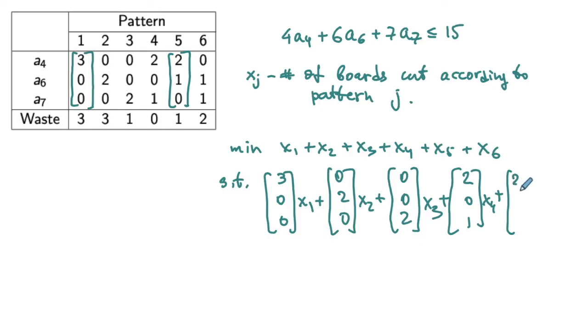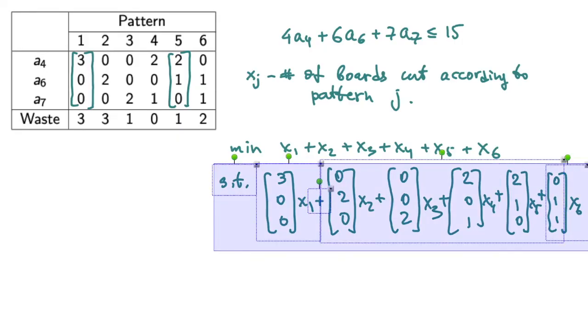Then we have 2 1 0 times x5. And finally the last pattern is given by 0 1 1, and we multiply this by x6. Let me move this to get some more space.